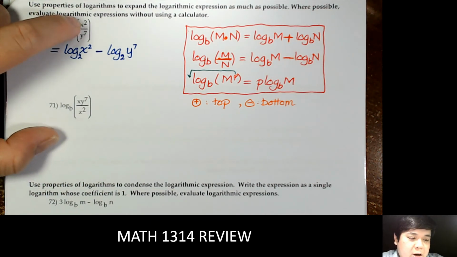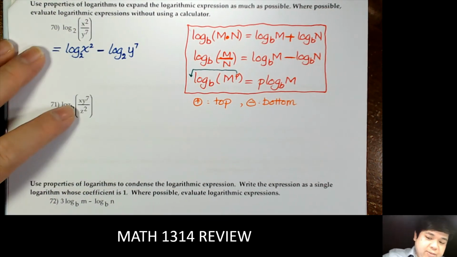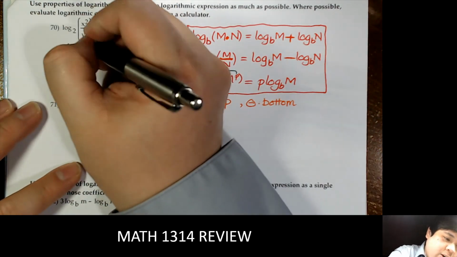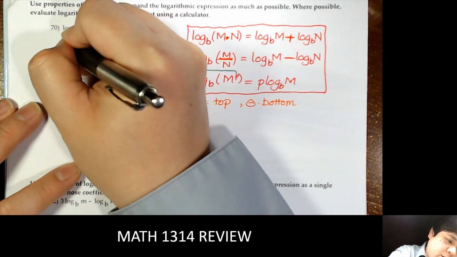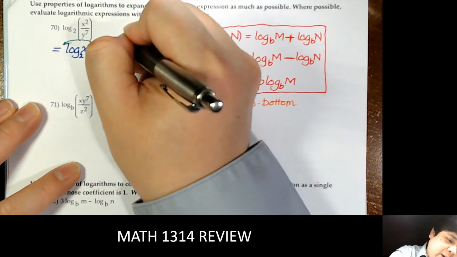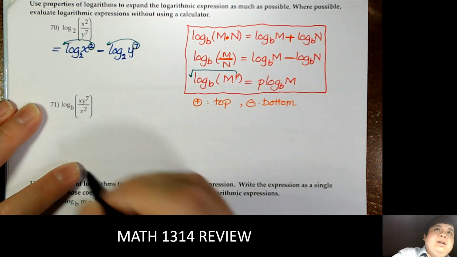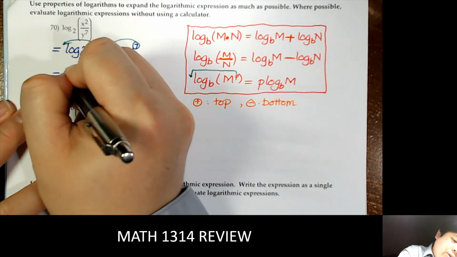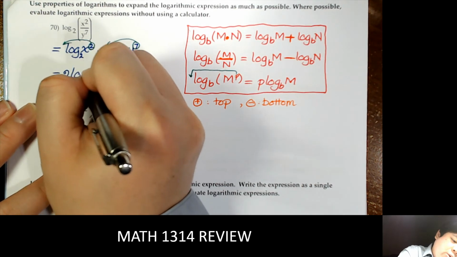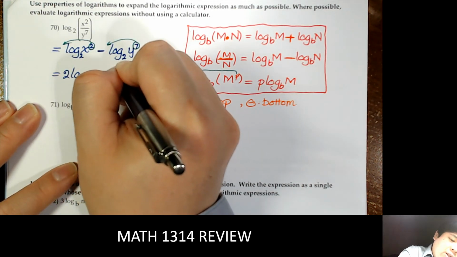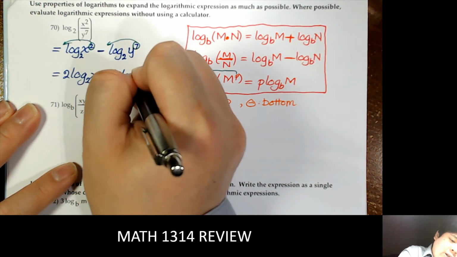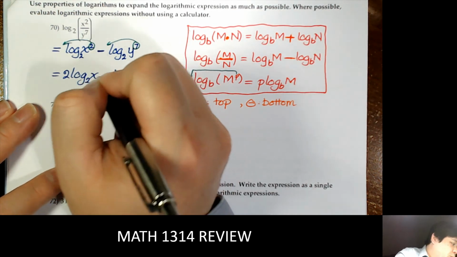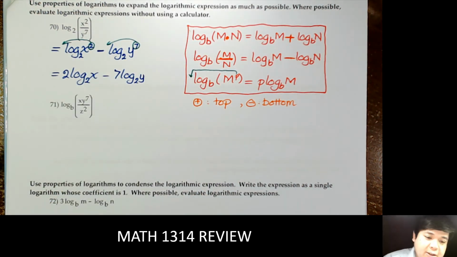So on top positive, bottom negative. And finally, we just need to take the exponents outside. So we have 2 log base 2 of x minus 7 log base 2 of y. So that's the first one.